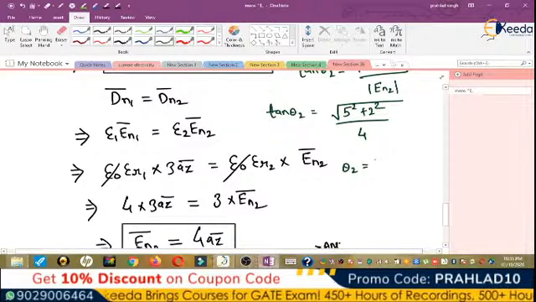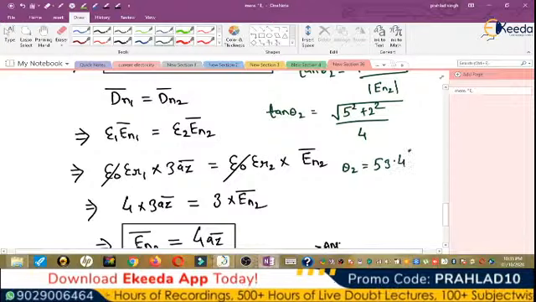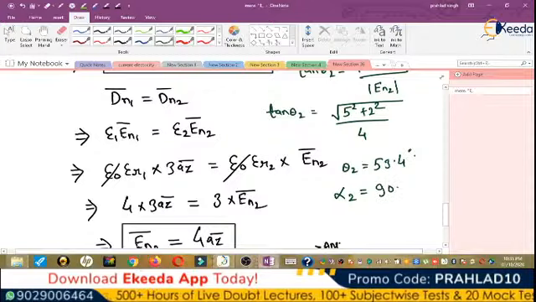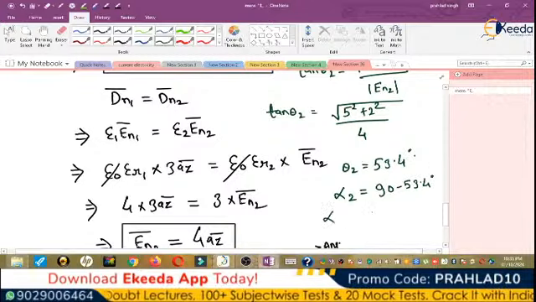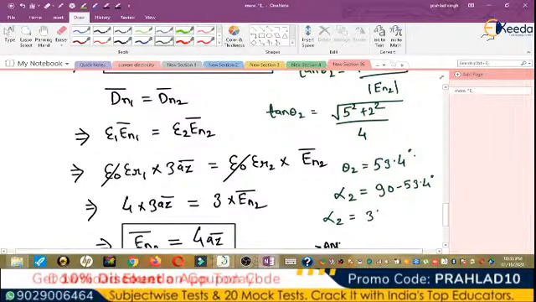So the value of theta 2 is 53.4 degree. So the value of alpha 2 is 90 minus 53.4 degree, so the value of alpha 2 is 36.6 degree.